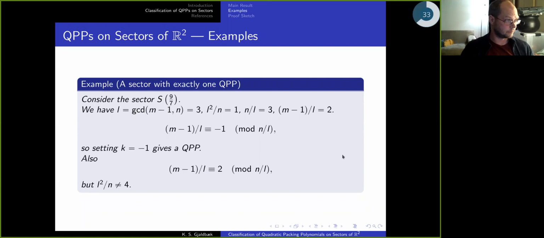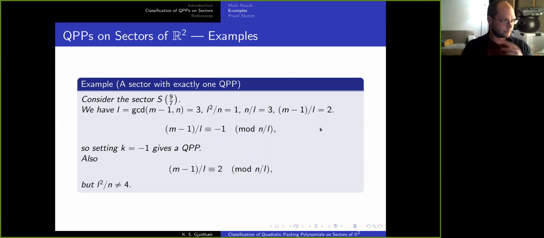As in this example, if you consider alpha being 9 over 7, then the greatest common divisor of n minus 1 and n is 3. L squared over n is an integer, so this is the necessary condition, and it's 9 over 9, which is 1. N over L is 3, and m minus 1 over L is 2.